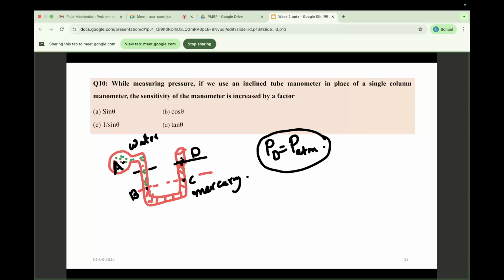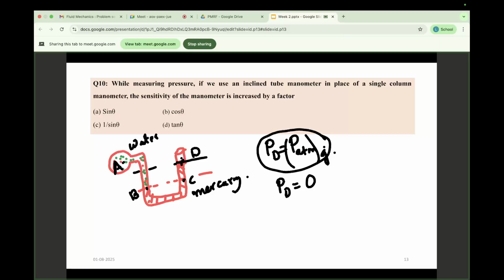Because this point is at atmospheric condition, whatever the pressure at D, it should be equal to atmospheric pressure. So I consider this pressure as gauge pressure. So we know what the gauge pressure at atmosphere is. It is 0 because it's a reference line.